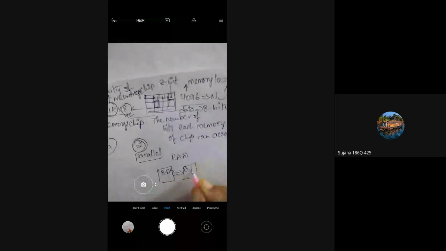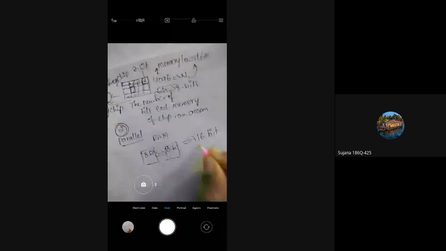If you consider a RAM, you have to consider two RAMs in parallel. Then one can provide an 8-bit data bus and the other can provide an 8-bit data bus, so in total we have a 16-bit data bus.